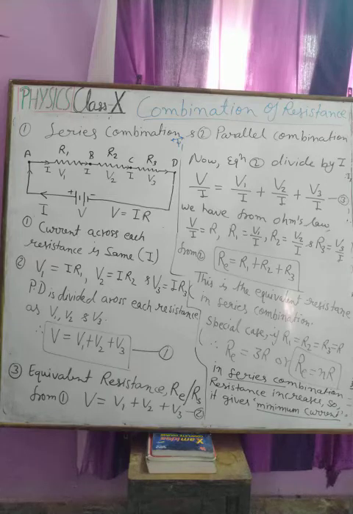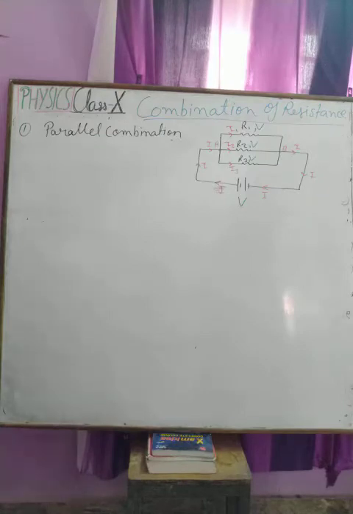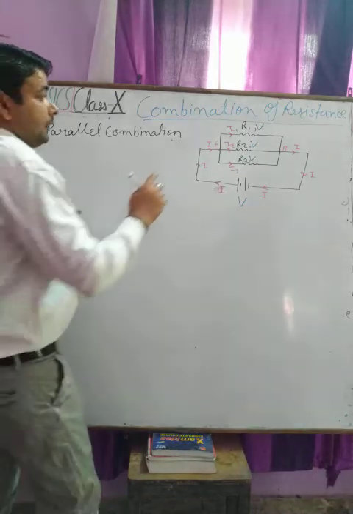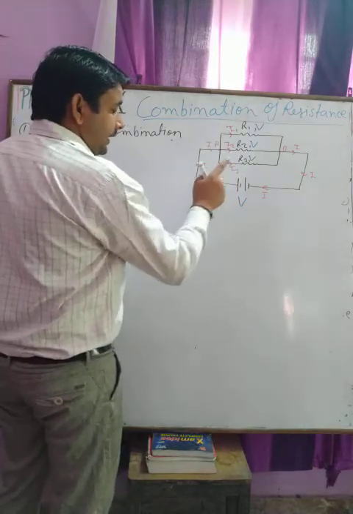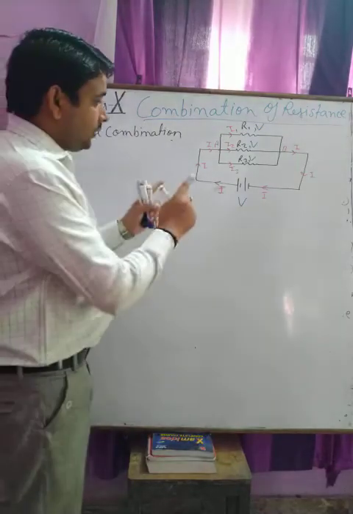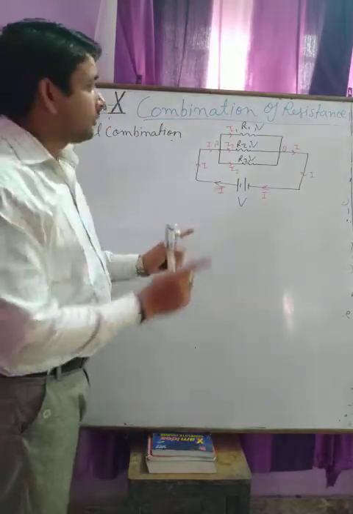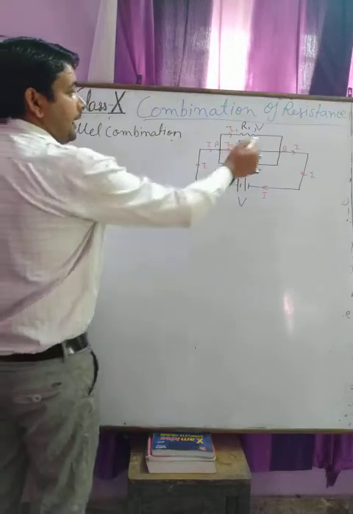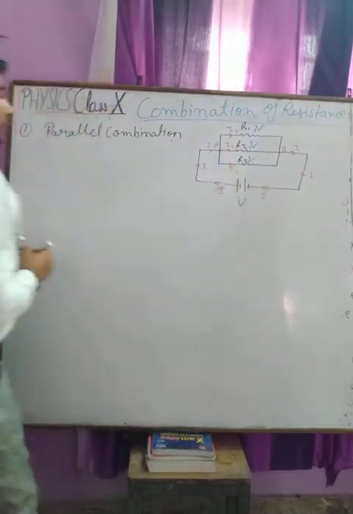Okay, now we derive the formula for the parallel combination. Now student, in parallel combination the resistances are connected individually with the positive or negative terminal of the battery as arranged in this diagram.